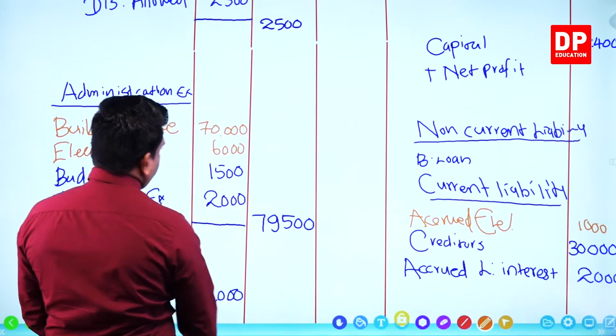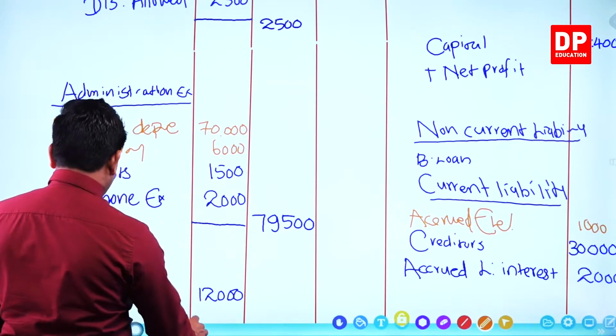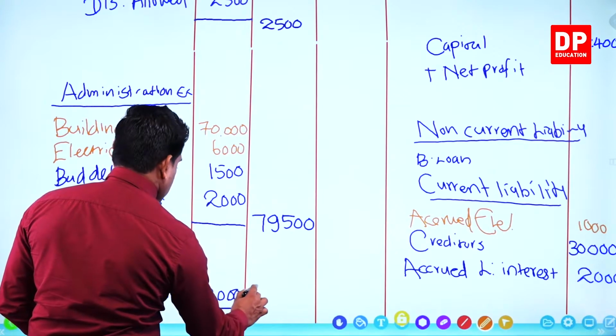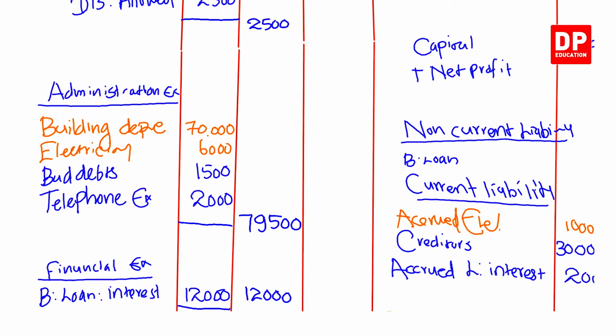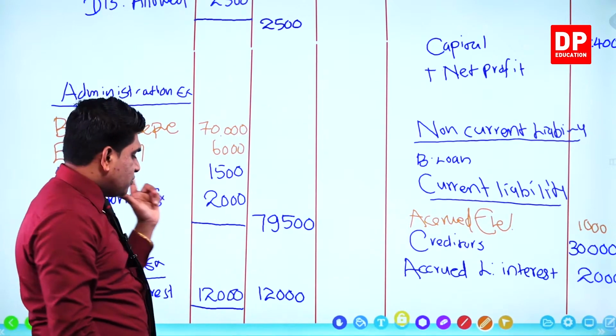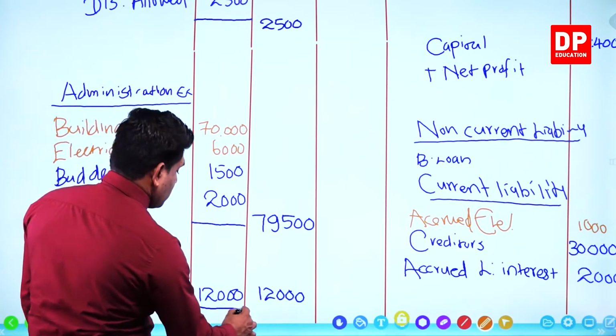You also do it with me. Here 12,000. These are the total expenses. Distribution expense 2,500. Total of the administration 79,500. Total of the financial 12,000. You add all this, right?